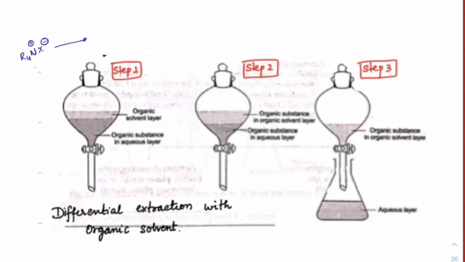Now when you pass it through water, this will come out as R4N+, plus HX plus OH-. Now this OH- might react with this R4N+ and we might even see this coming as R3N plus ROH plus HX. Now out of these, ROH and HX which I have written are water soluble and R3N is water insoluble.